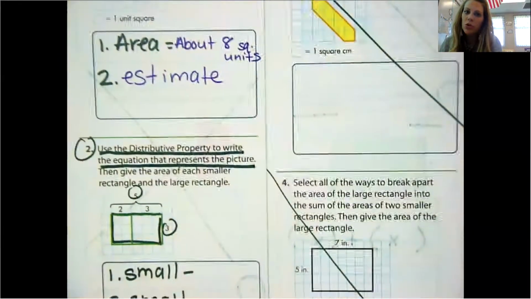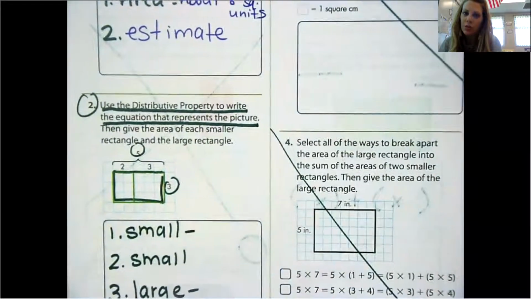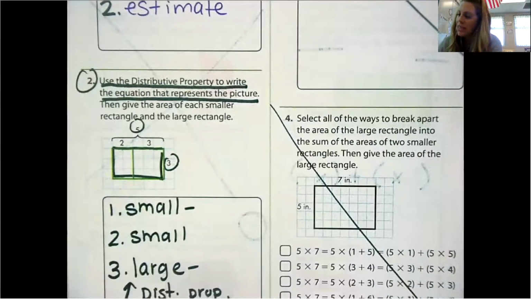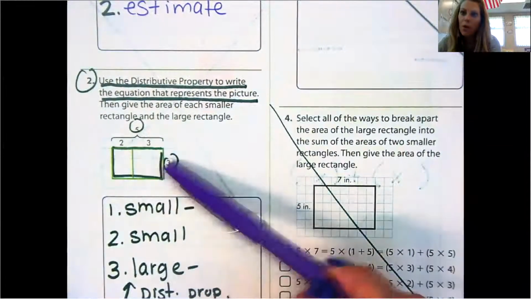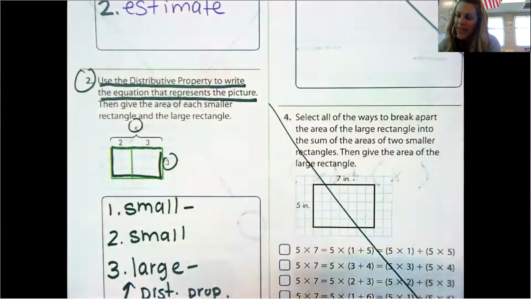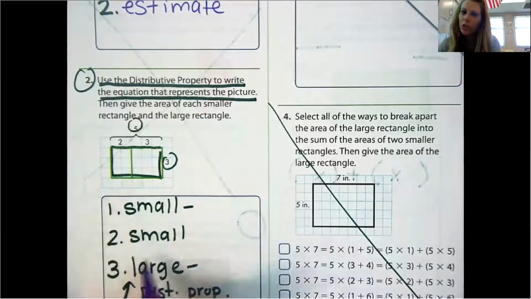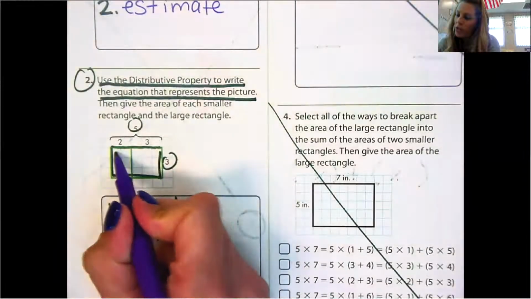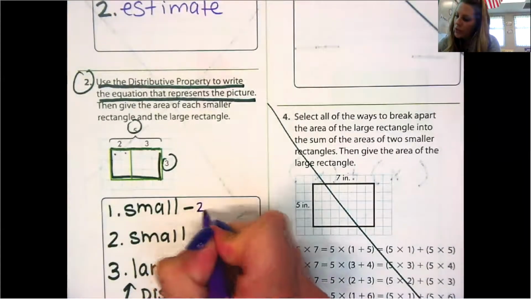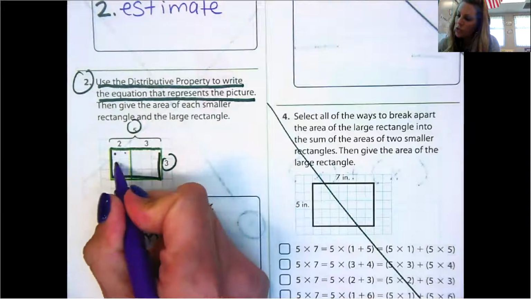Now number 2, they wanted you to use distributive property, and they have a big rectangle, and then they broke it apart for us. They pretty much did the distributive property. So they wanted you to look and find the area of the 2 small rectangles first. So if I look over here, I have 1, 2 times 1, 2, 3.